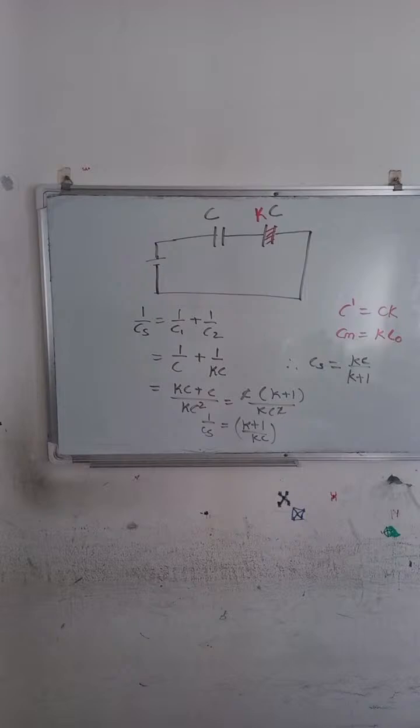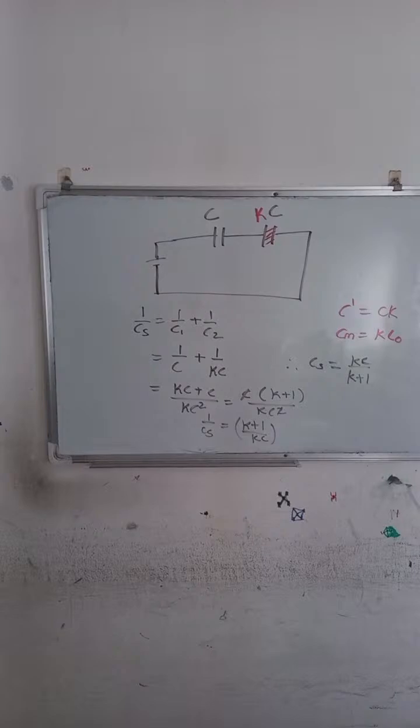I'll repeat. The capacitance of a parallel plate capacitor is 10 microfarad. When a dielectric plate is introduced in between the plates, its potential becomes 1/4 of its original value. What is the value of the dielectric constant of the plate introduced?